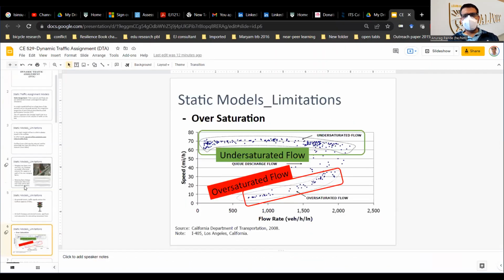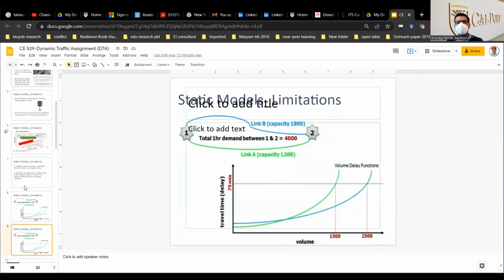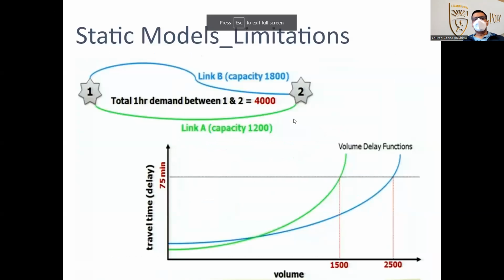We were talking about this idea of what happens when your demand just exceeds the capacity of your network. You have 4,000 vehicles per hour demand, and what does that mean for the equilibrium that might happen?